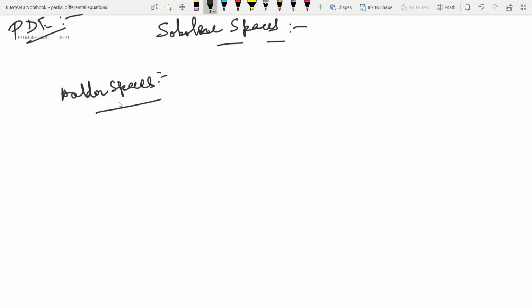Sobolev spaces and Hölder spaces are a very important space in PDE. The modern analysis of PDE requires dealing with the Sobolev space. Probably one lecture won't be sufficient for it, and I should arrange a few others.